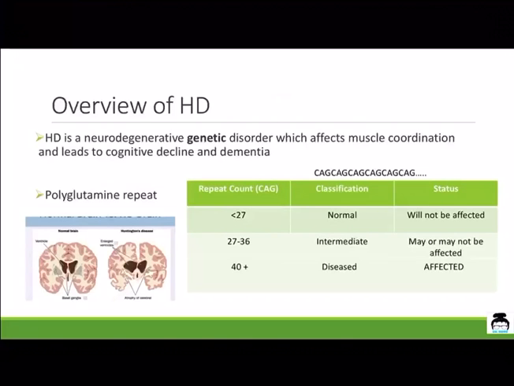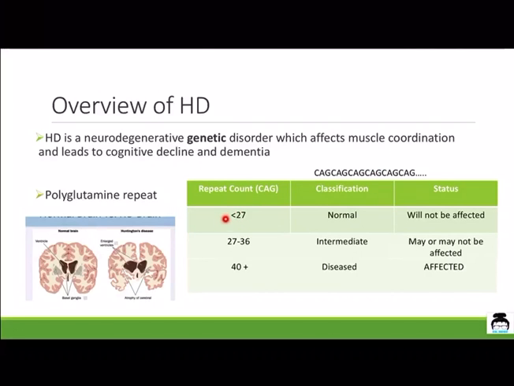Huntington's disease. Now, you have this thing called glutamine, right? It's an amino acid, and the codon of glutamine is CAG. Each amino acid has a three-letter codon. Now, normally, we have less than 27 repeats of CAG.